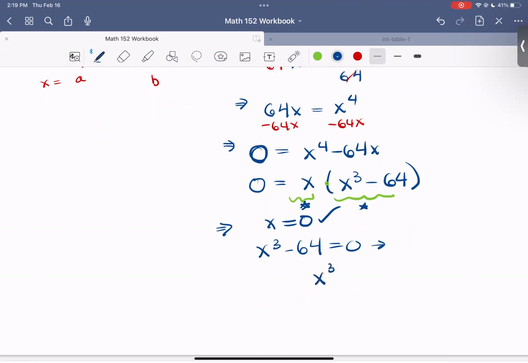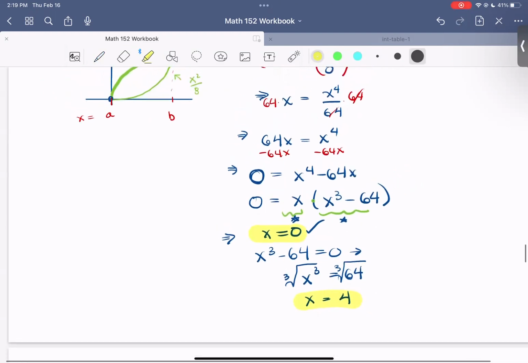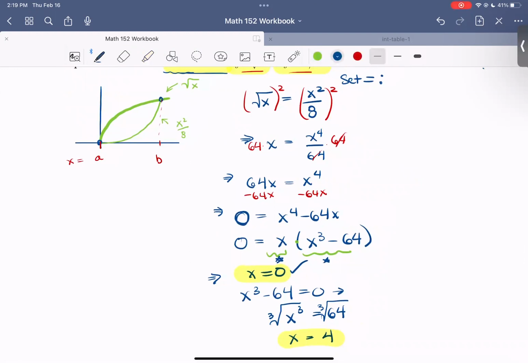I get x cubed equals 64. So if I take a cube root of both sides, I get that x is equal to the cube root of 64, which is 4. So my two endpoints are going to be x equals 0 and x equals 4. So I can erase my initial a's and b's, and I can put 0 and 4.